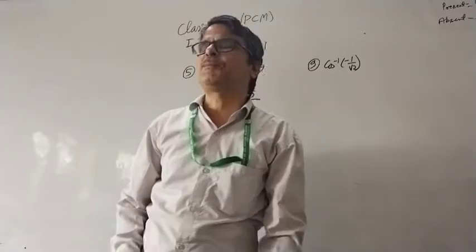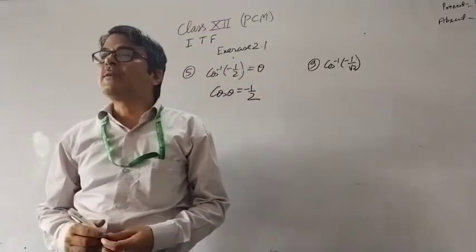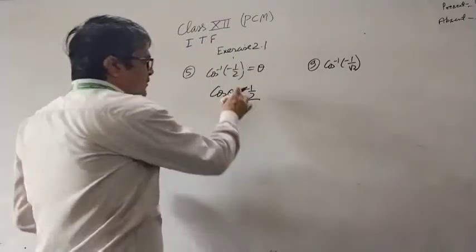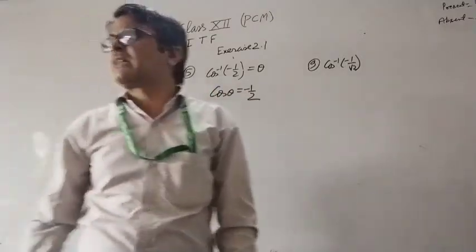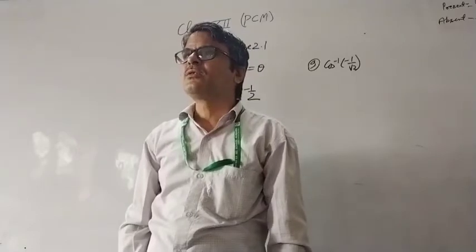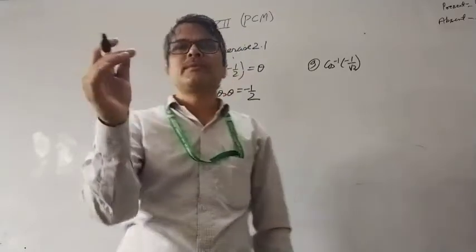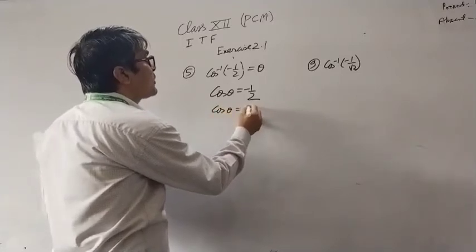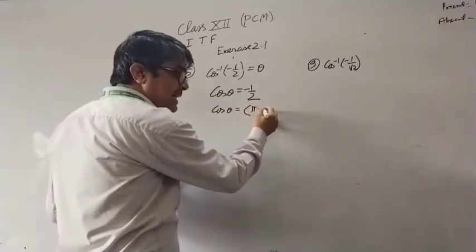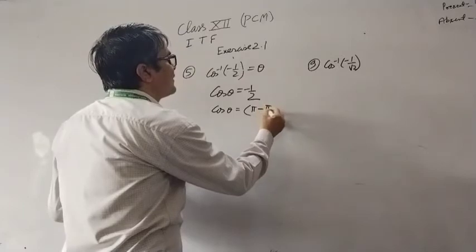For which value of angle? Pi by 3. But you can't write it with minus because range of cos theta is 0 to pi. So cos theta is equal to pi minus pi by 3.